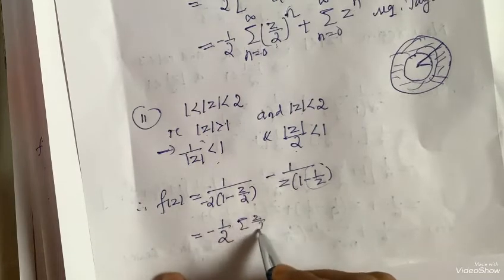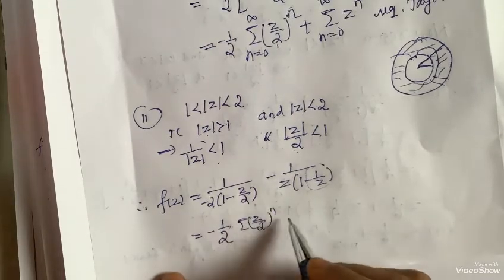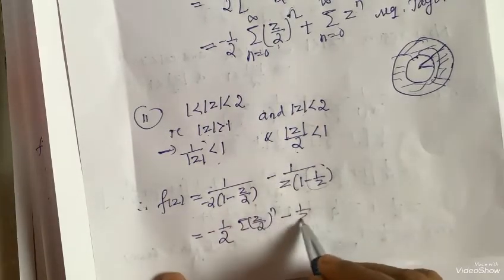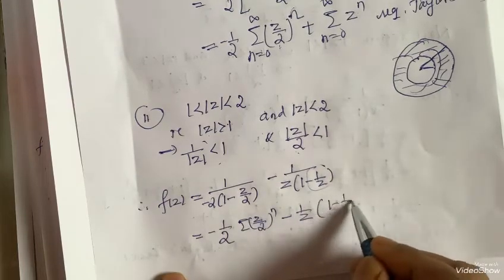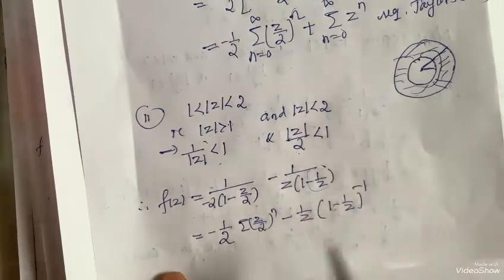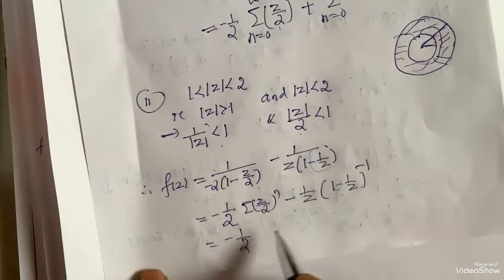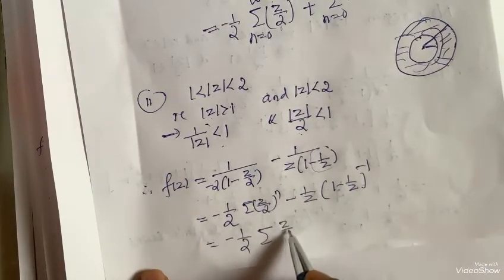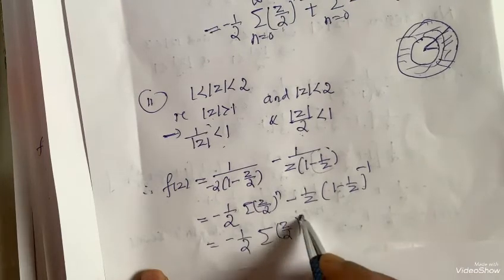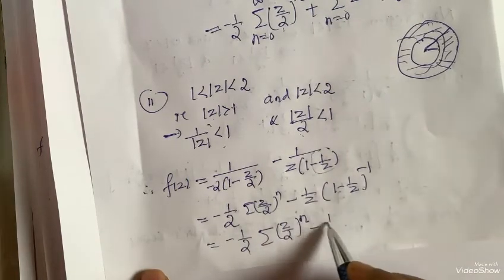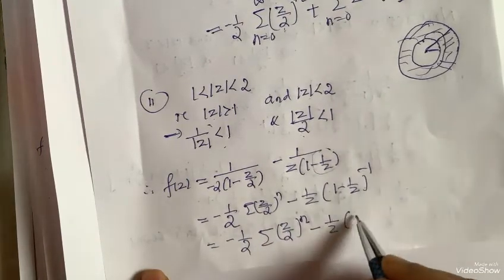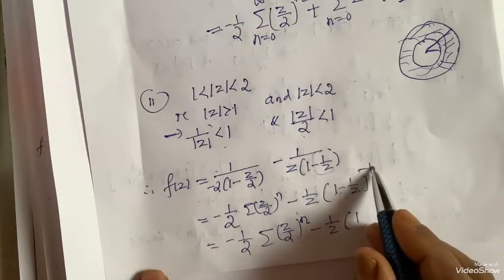So first, I am not going to write it in detail. Summation z by 2 raised to n, minus 1 upon z into 1 minus 1 by z raised to minus 1. So this is minus 1 by 2 summation z by 2 raised to n, minus 1 upon z. Again it is 1 minus x raised to minus 1 form.